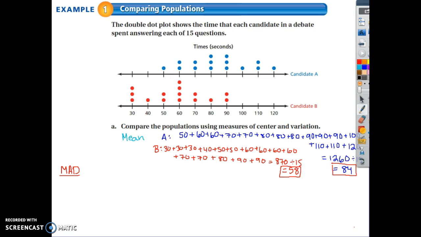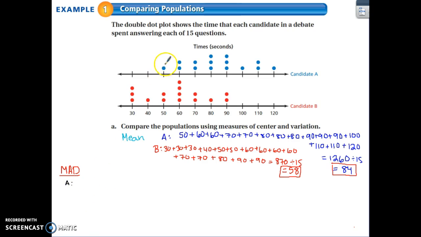When finding the MAD, what we are doing is finding the average of the distance of each dot from the average. So the first thing I'm going to do is find the distance of each dot from the average for candidate A.